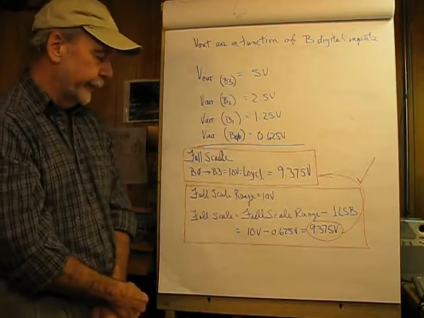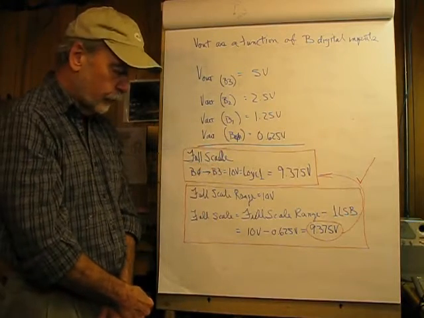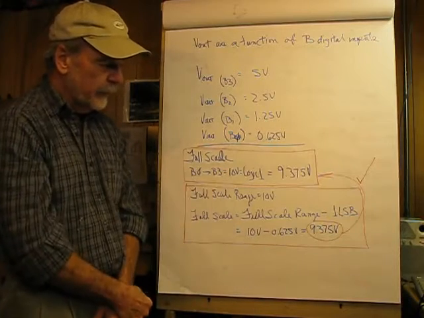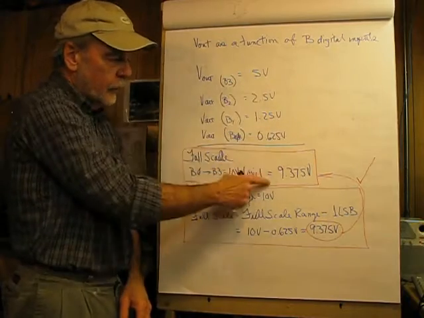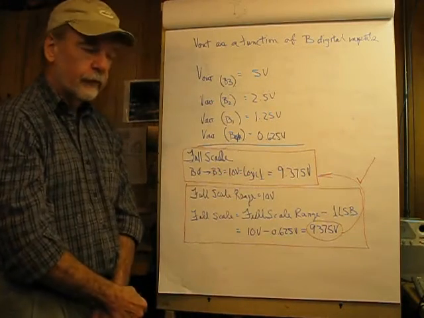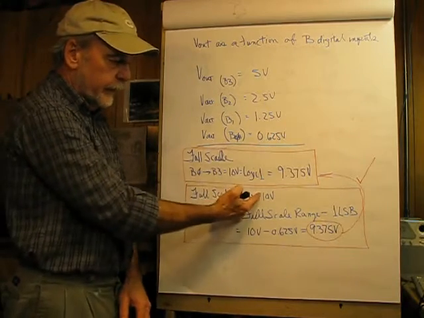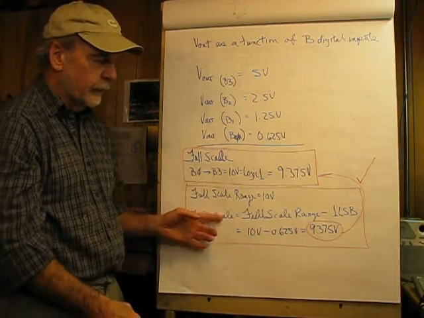And if we, say, run this full scale, where B0 through B3 are all at logic 1, which is 10 volts, what we see is our total output would be the sum of these, which is 9.375 volts. So full scale range is again 10 volts. Full scale, rather, that's this guy.